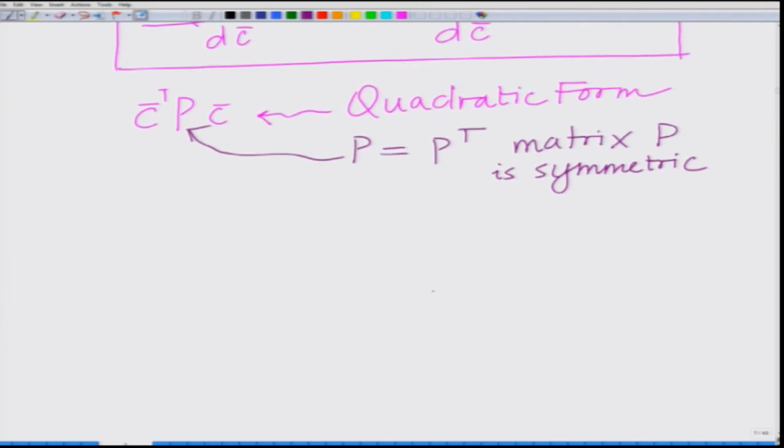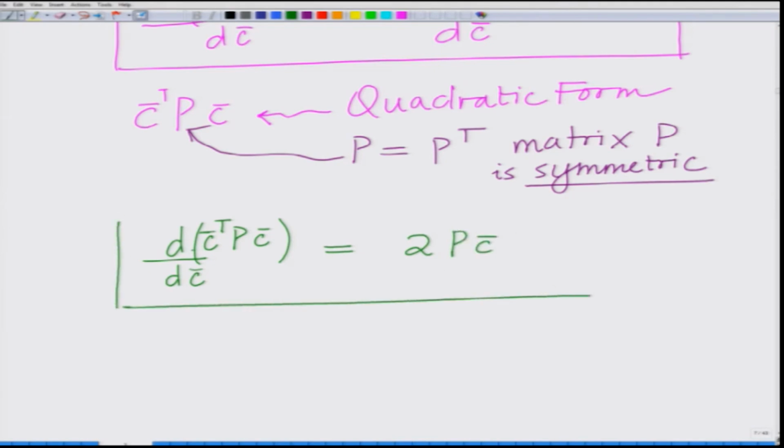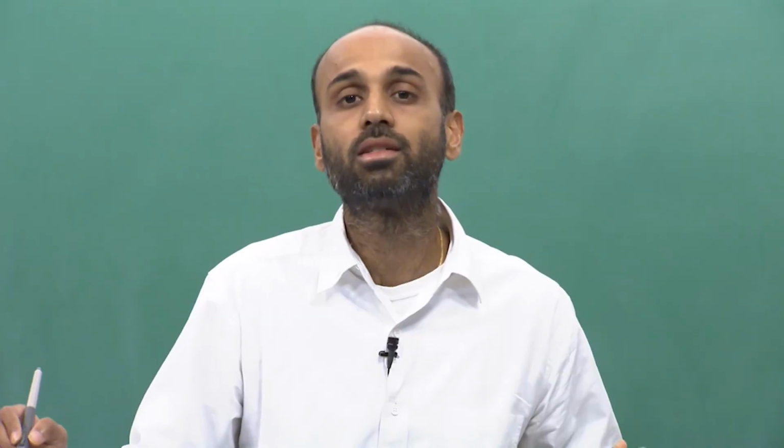It can be shown that in this scenario the derivative of c bar transpose P c bar with respect to c bar is equal to twice P c bar. We will not show this explicitly here, but the derivative of this quadratic form is twice the matrix P times c bar, where P is a symmetric matrix.